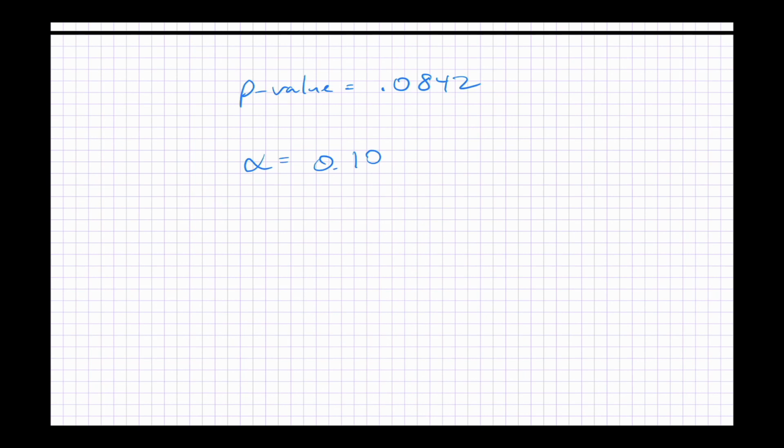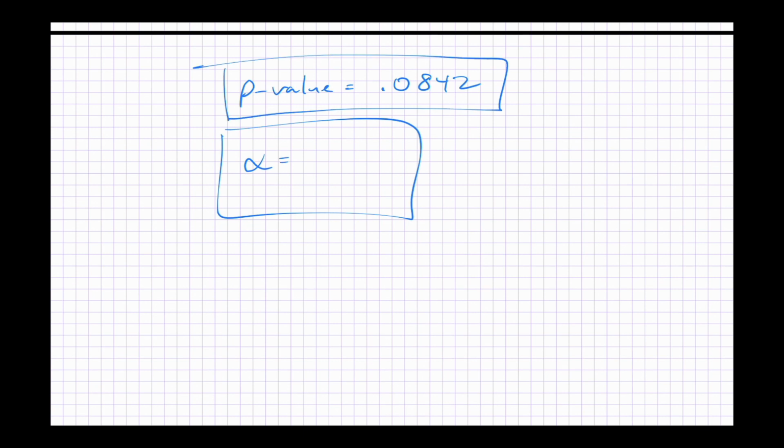But what we have to do as statisticians is come up with this number first. That's why we do it early, before we calculate the p-value. So that's why we have to come up with our alpha level. Because, like I said, the difference between rejecting and failing to reject is very close. Okay? So you just got to be careful with that.